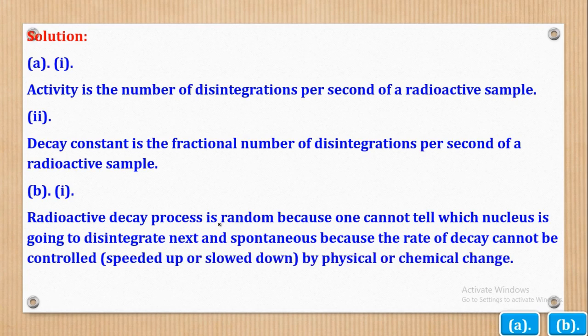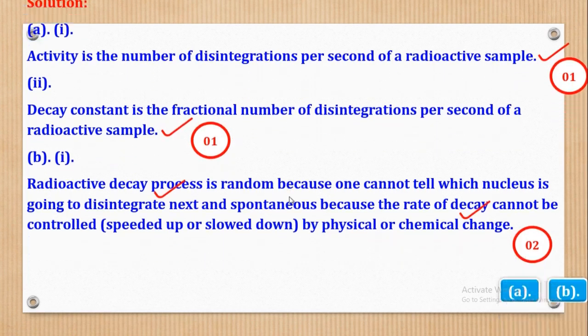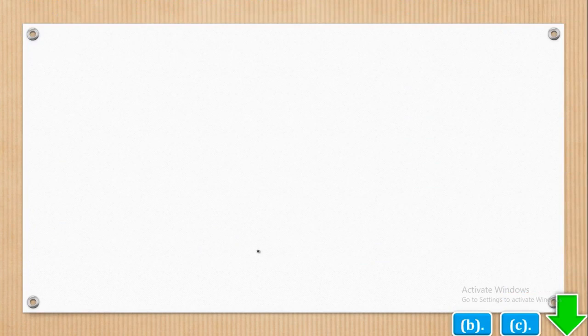So it is random because one cannot tell which nucleus is going to disintegrate next, and it is spontaneous because the rate of decay cannot be controlled by physical or chemical change. So that's how marks would be awarded for this slide. So now we shall go to part B Roman 2.